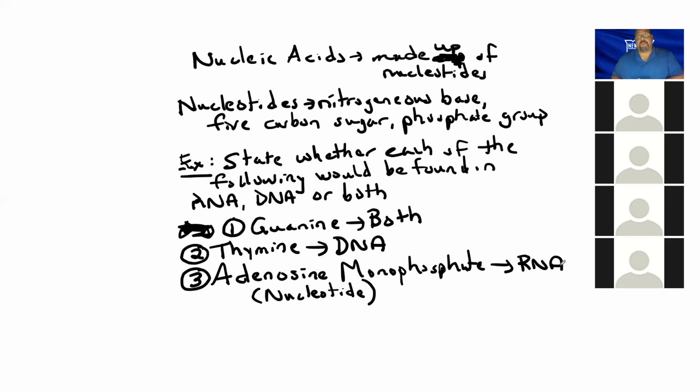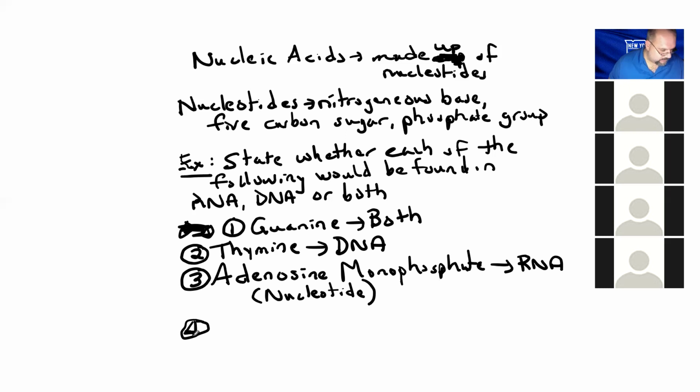When you don't have the prefix deoxy in front of the nucleoside name, then it refers to something in RNA. So if you had deoxyadenosine monophosphate, the answer would be DNA. But since here you only have adenosine monophosphate, that refers to RNA. Not both, not DNA, RNA here for number 3. And let's do one more, number 4.